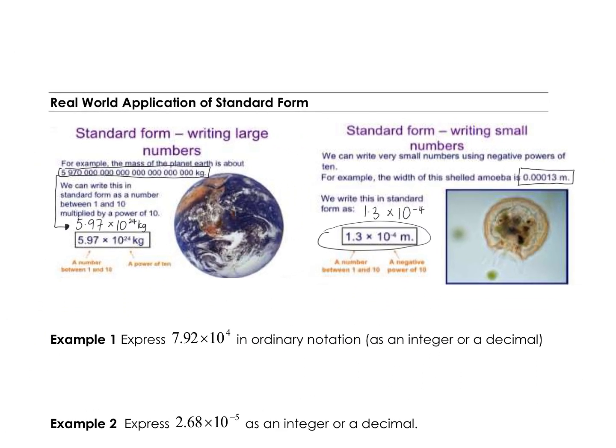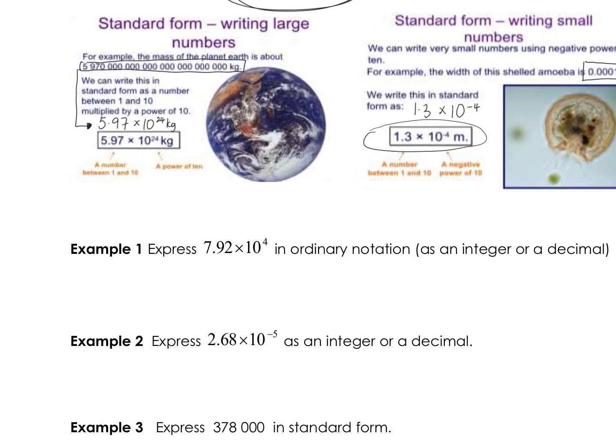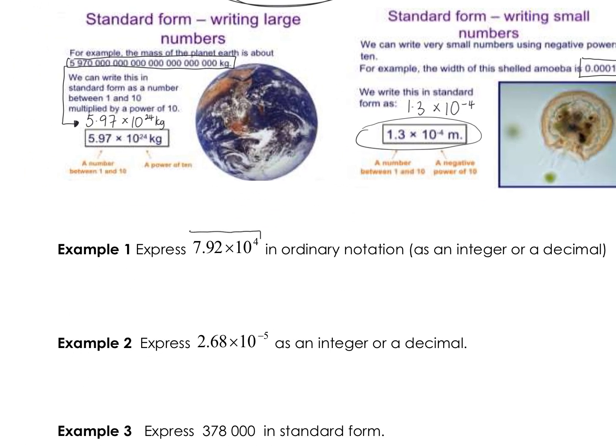So in other words, when do we use standard form? It is when we have very large numbers or very small numbers that we want to represent in a way that is easy to read. So for example, this one. When I say 7.92 times 10 to the power of 4, 10 to the power of 4 just means 4 zeros.